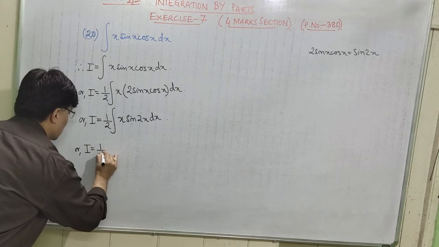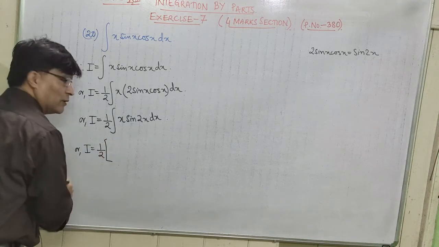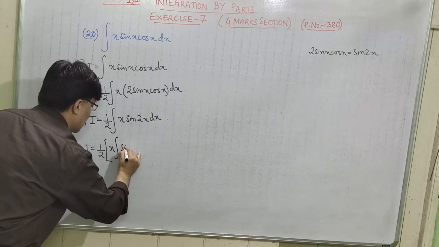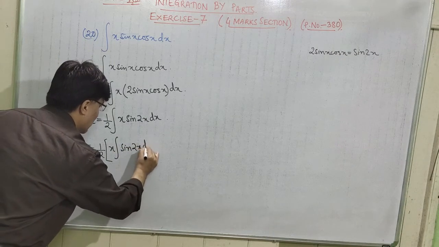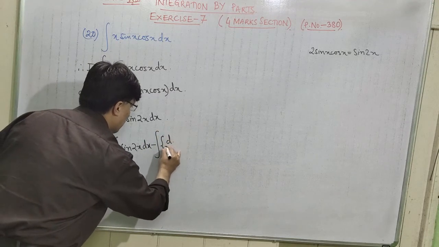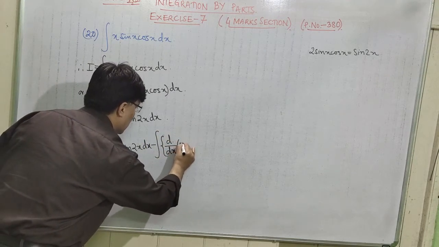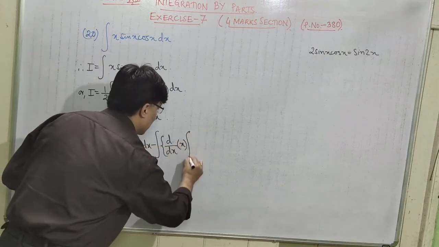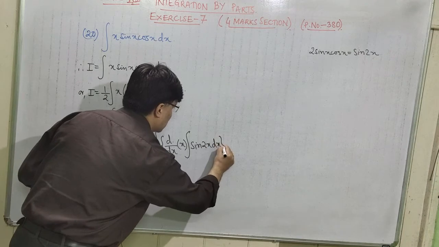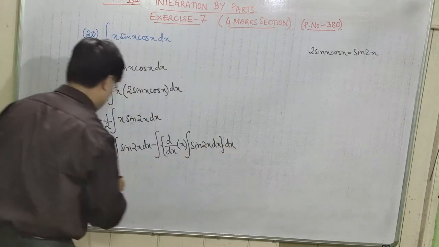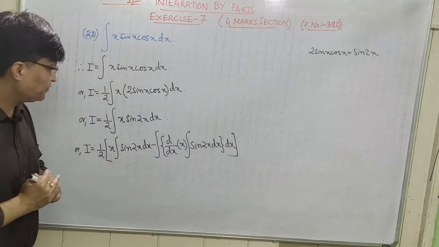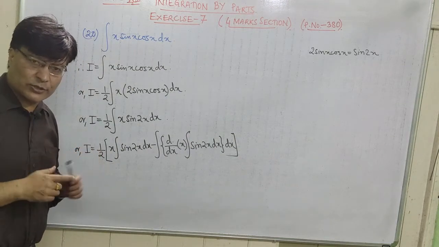I is equal to half within third bracket, x is the first function, it is taken outside, integral sin 2x dx, minus integration of, second bracket, d by dx of x, then integration of sin 2x dx, second bracket close, dx, then third bracket is closed. So I think you have understood it.